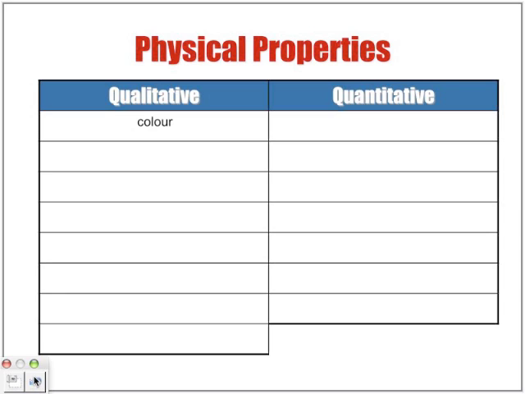Color: a matter can have a certain color or may not have any color at all. Texture, how it feels. Maybe you shouldn't be holding it.